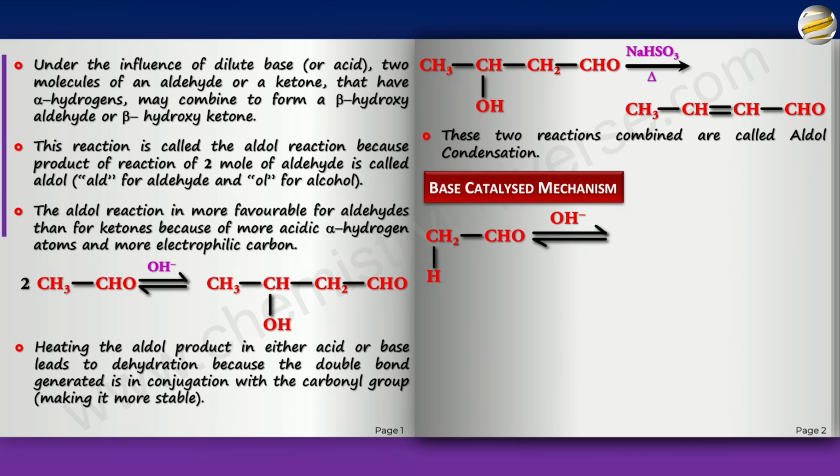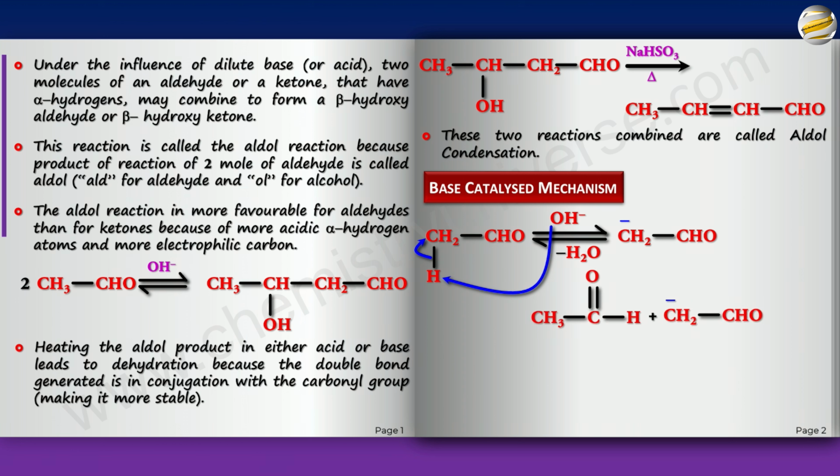The base picks up this H and you get a carbanion. This carbanion is resonance stabilized with the C double bond O. Now this carbanion meets another molecule of aldehyde, and the carbon attacks the carbonyl carbon of the aldehyde. This pi bond goes up and you get something like this.